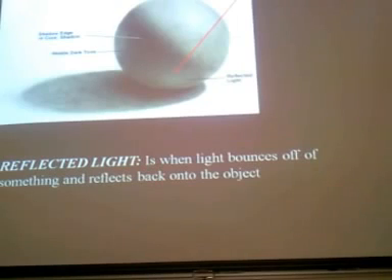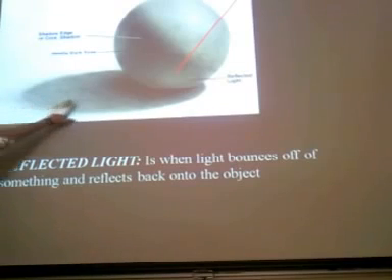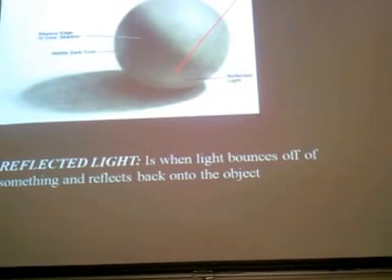So reflected light is when light bounces off of something, such as the table or the ground here, and reflects back onto the object. When you're thinking reflected light, it takes in the shade or color almost of the surface that is underneath the object, but it's a little bit darker than that because it's in the darker area of the object. It's in the shadow.